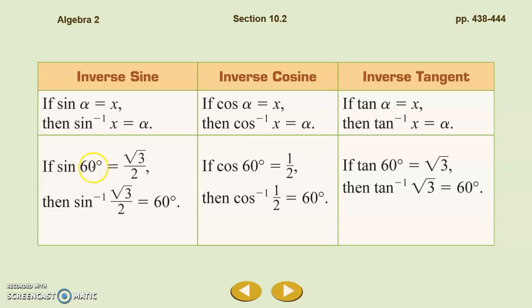So if sine 60, the ratio of opposite over hypotenuse of a 60-degree angle, is √3/2, then the inverse sine of √3/2 takes us back to our angle, 60 degrees. So we can use our calculator to go either way, to find the ratio, or when given the ratio, to find the angle.